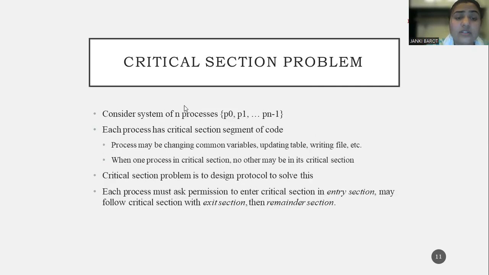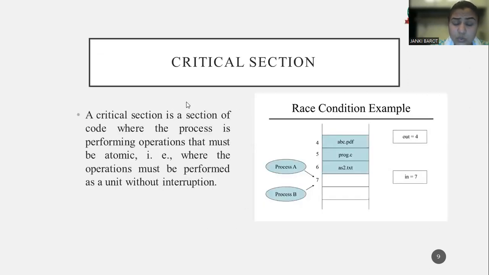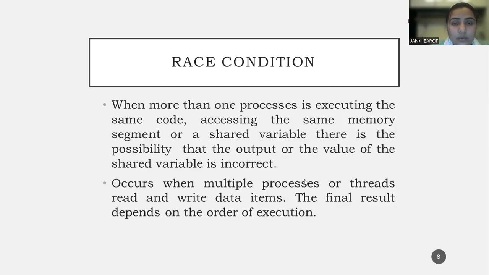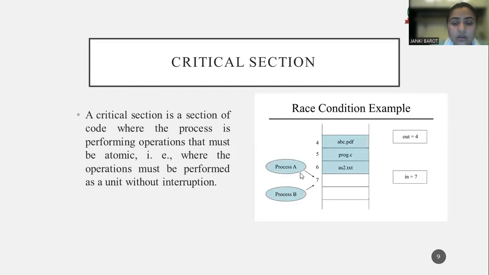Now we'll see the critical section problem. There are many problems. Which is the biggest one? If n processes are trying to access the same shared variable or the same shared resource, what do we need to do?